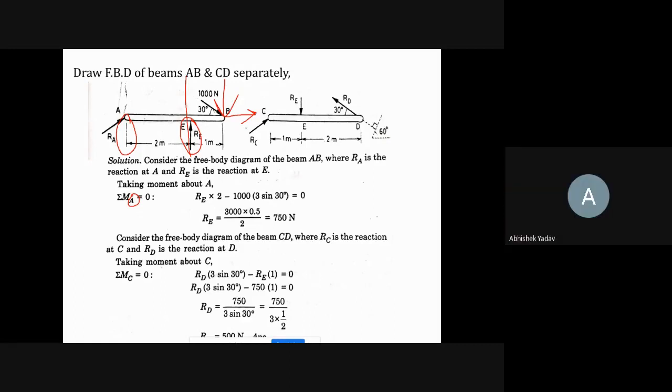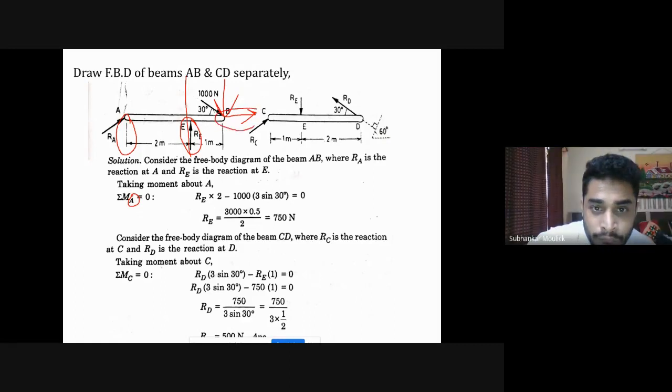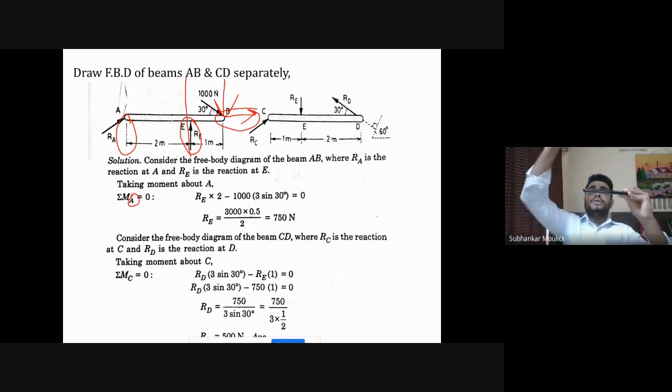If you see this cos component of force, this force is passing through that point from where you are interested in calculating the moment, and it is not trying to rotate your body. So I will not take that force. Only I will take this vertical component of force, because this 1000 sin 30 into 3 meter will make your body rotate.